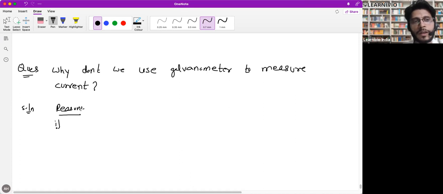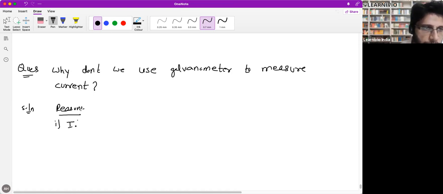First reason. Current for full scale deflection for galvanometer is very small. Current for full scale deflection means range of galvanometer. The range of galvanometer is few milliampere. Let's say it's 1 milliampere. So you can't measure more than milliampere using a galvanometer.